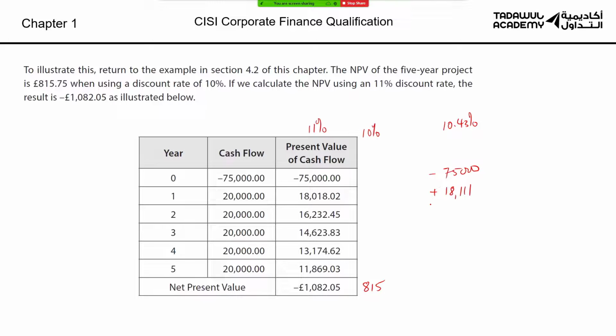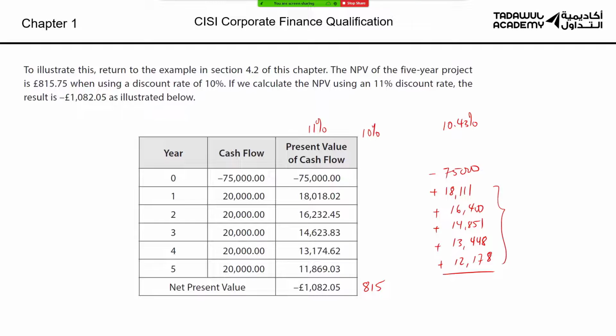In the second year, it's going to give me a positive 16,400. The third year is going to give me a positive 14,851. In the fourth year, 13,448. In the fifth year, 12,178.